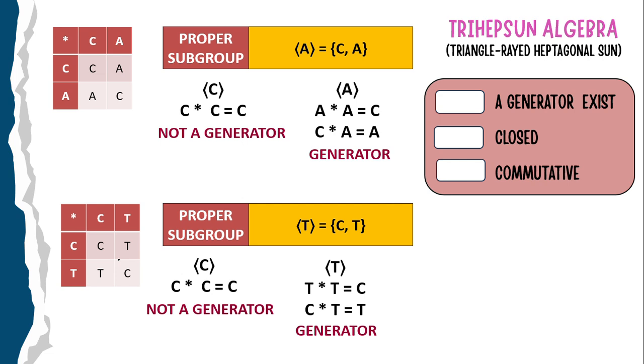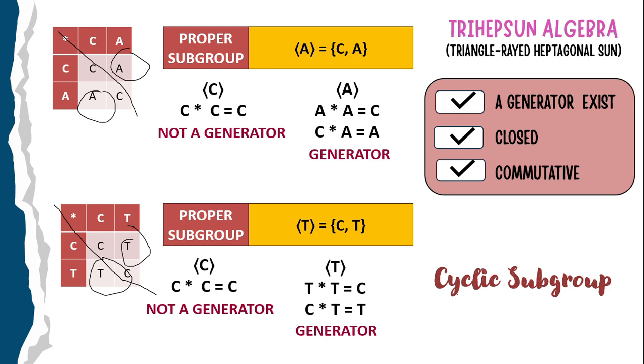So we can see here for A and T, a generator exists. It is closed also because the resulting elements revolve around the elements being operated. It is also commutative because, as we said earlier, it has reflective elements. Therefore, we can say that this is a cyclic subgroup.